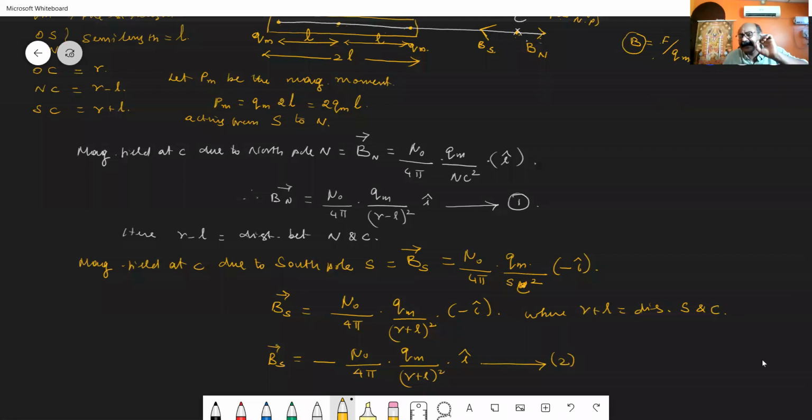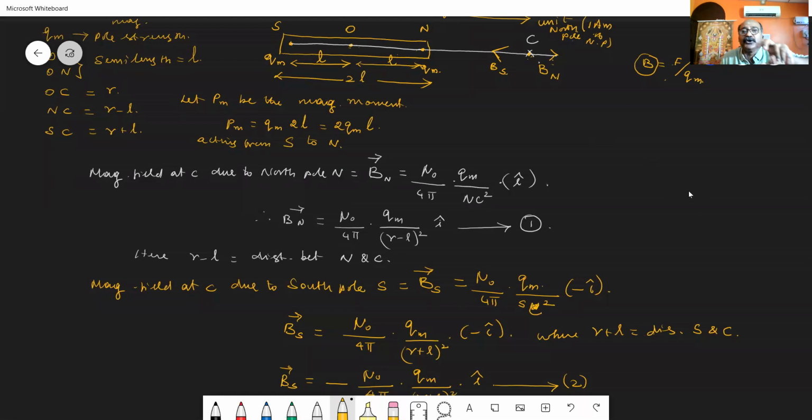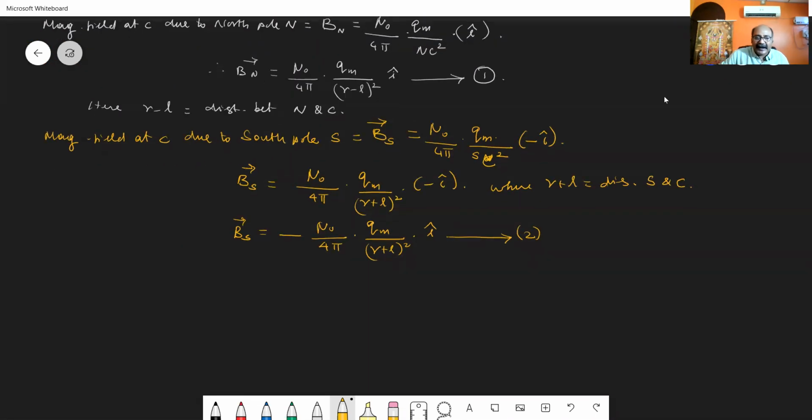Now we have calculated the magnetic field acting at the point C due to North Pole and due to South Pole separately. So the point C in this diagram is experiencing two magnetic fields. I have to calculate the net magnetic field acting at the point C due to this magnetic dipole, that is the Bar magnet.